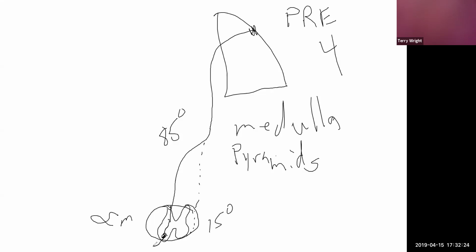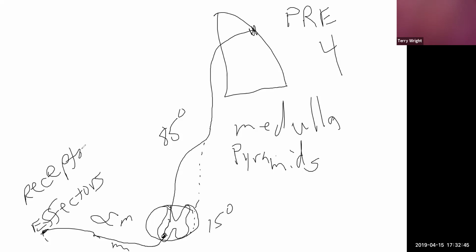It's going to synapse with it and send out the ventral roots. It's on the way to the periphery, to what we call effectors. The effectors are muscles or glands, whatever's happening out there. Okay, so receptors are incoming and effectors are outgoing. So this is sensory and this is motor.